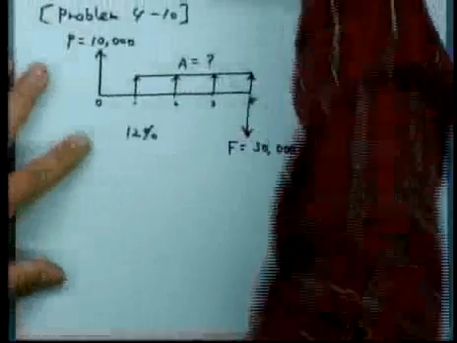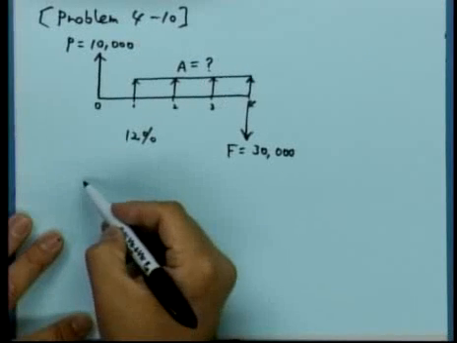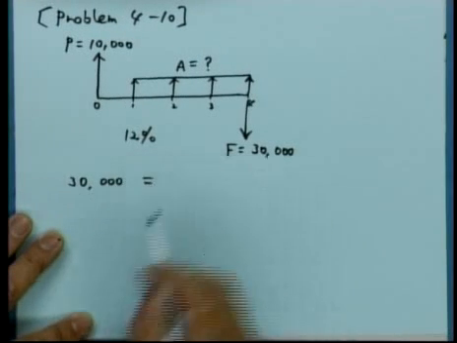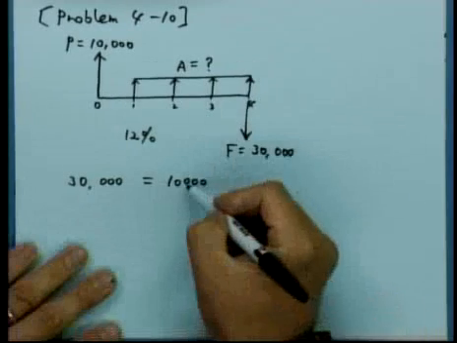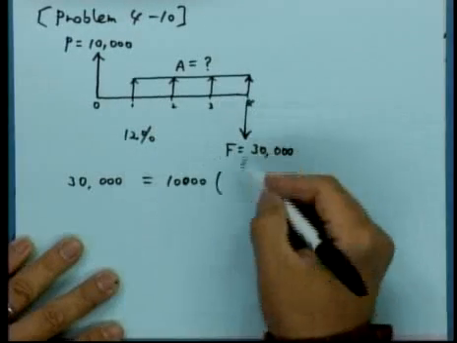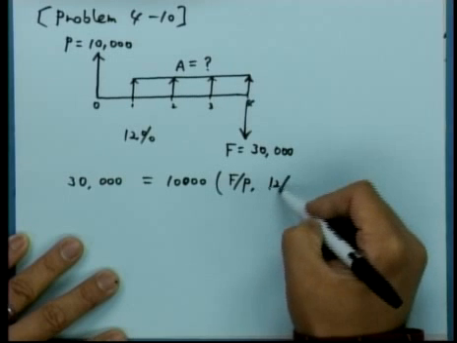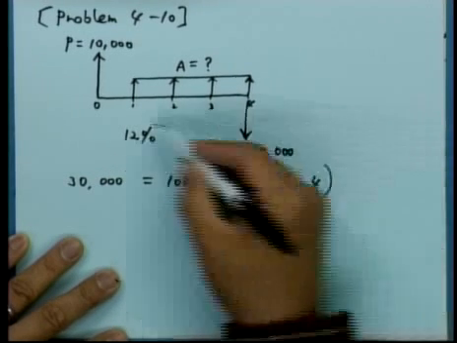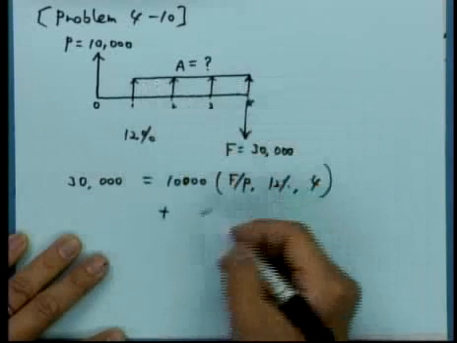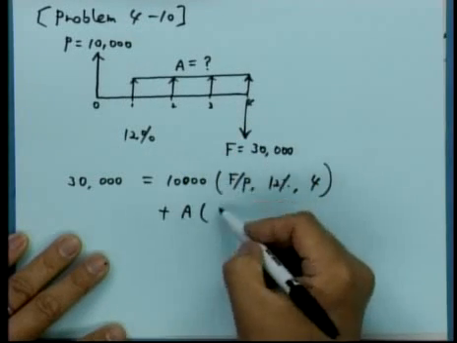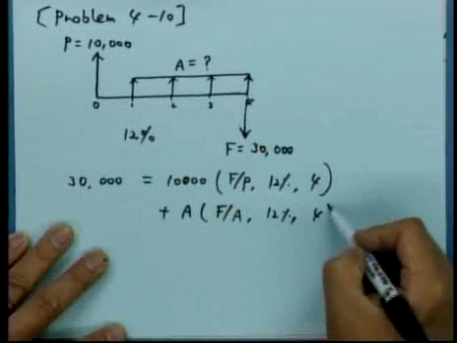So here, this future sum, $30,000, is going to be the same as $10,000 right now times F given P, 12% over 4 periods, plus this annual savings, which is A, times F given A, 12% over 4 periods, right?